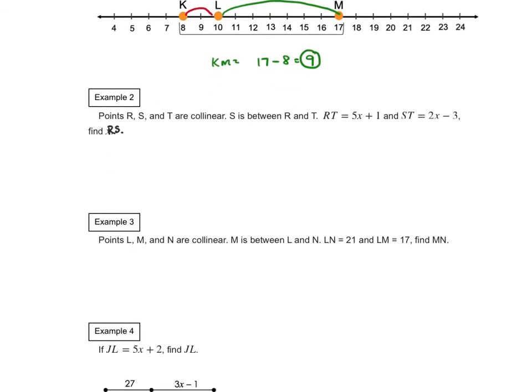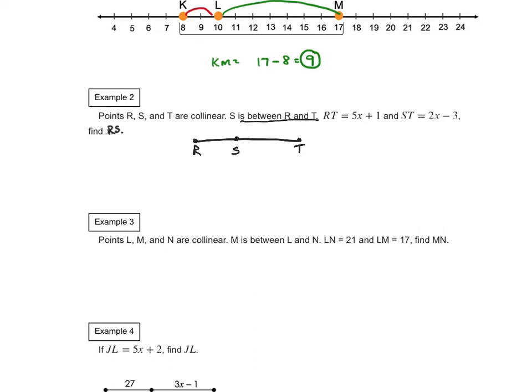As I look at this, it says points R, S, T are collinear, and we remember that collinear means that they are in a straight line. So I have R, S, and T. I put S anywhere. I don't know what the length is. It's just a visual representation. And it tells me that S is between R and T, which is what I drew.